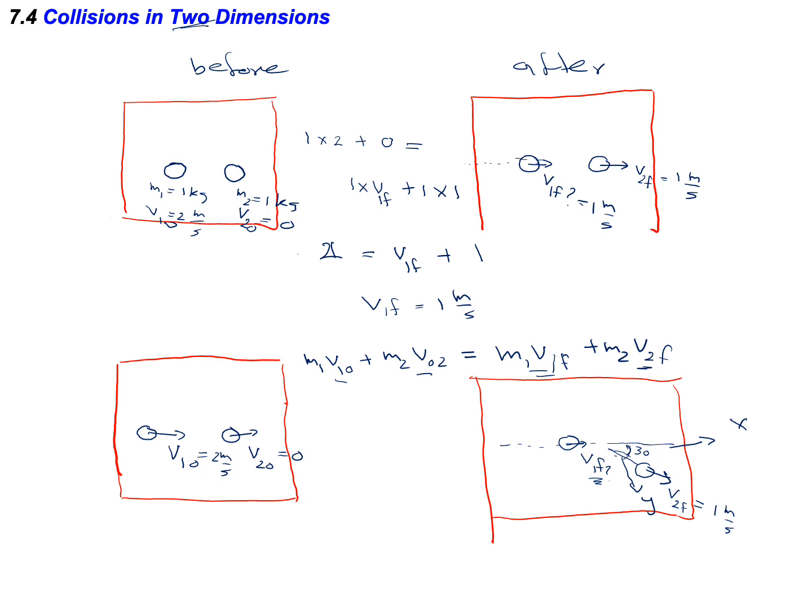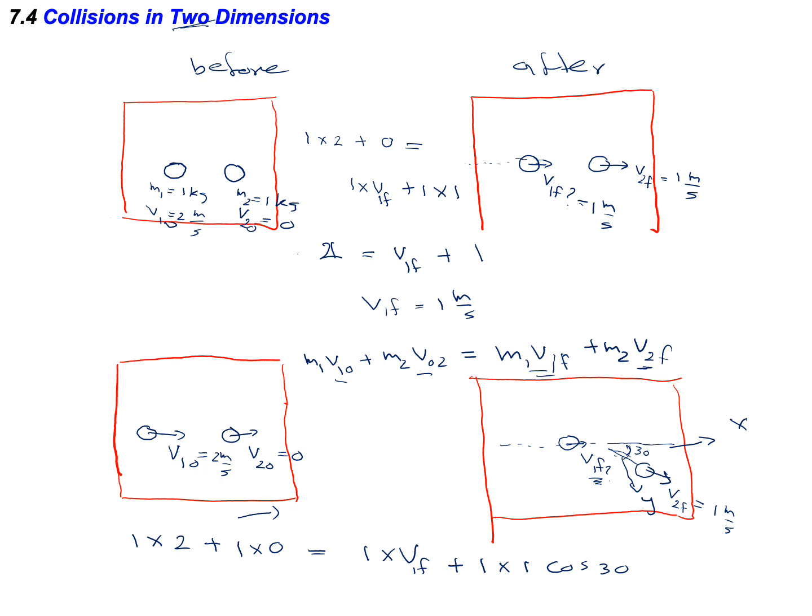If I write along the x direction, I can write the same equation: mass 1 times velocity v1, which is 2, plus mass 2, which is 1, times velocity 0, equals, after the collision, mass 1 times v1 final plus mass 2 times velocity 1 cosine 30.